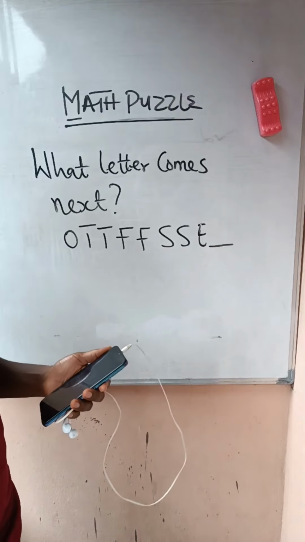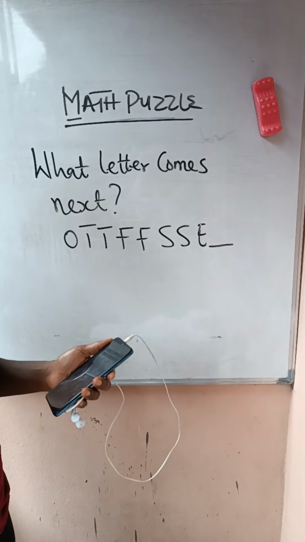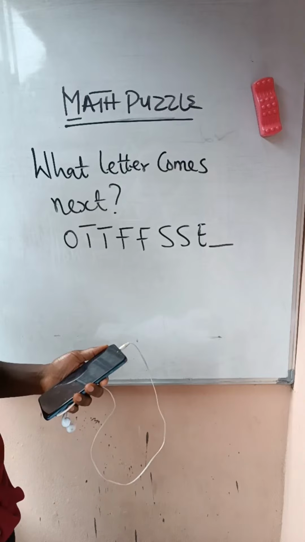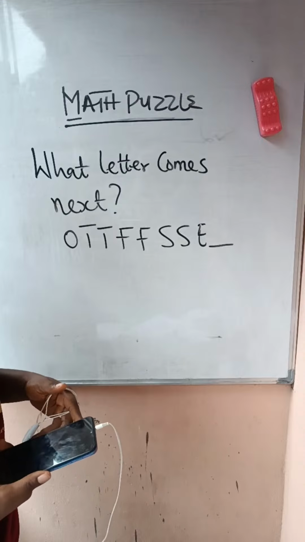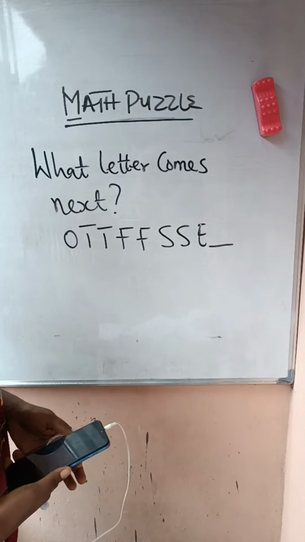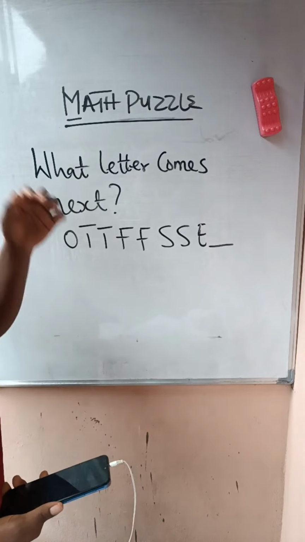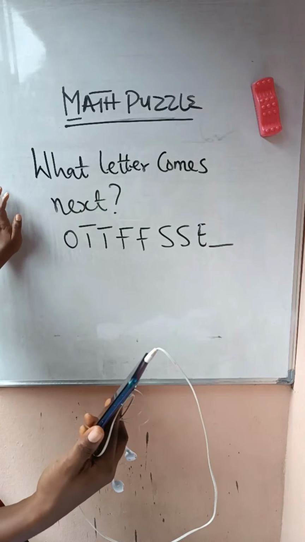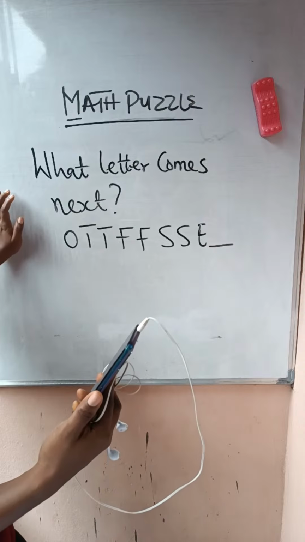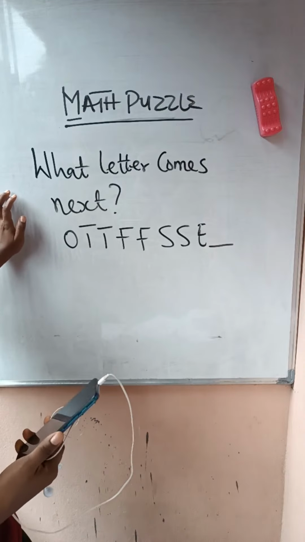Okay. Now, while we wait for others to figure it out, what is the answer? Maybe if I call it well, you will understand. I have what letters comes next. So I'll be calling it slowly so that you can notice or understand the sequence, if I may say.